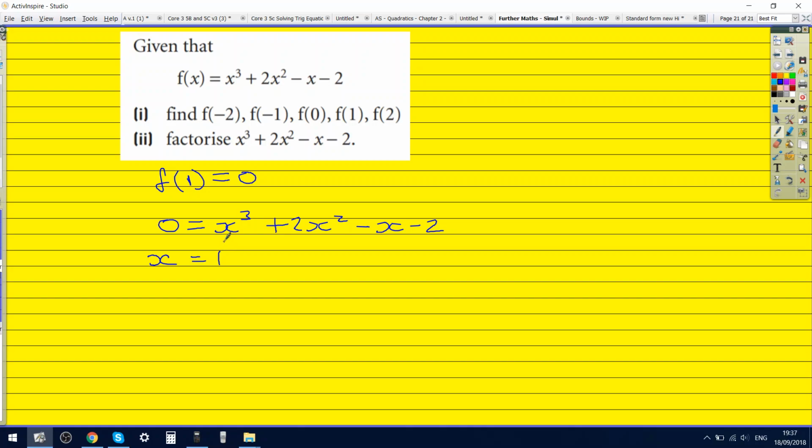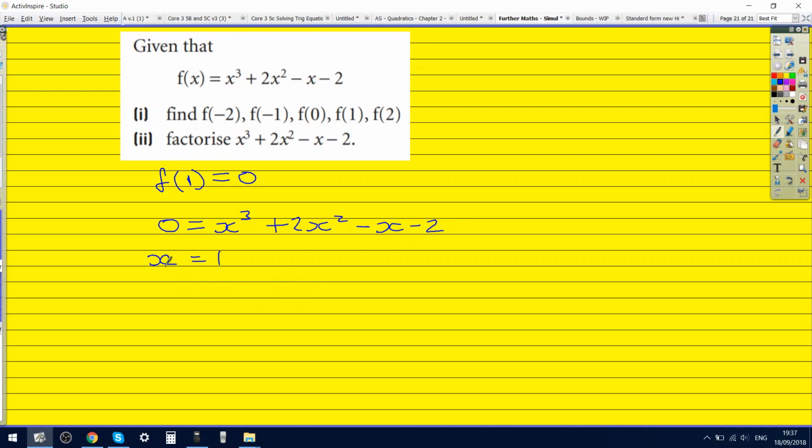Would you know how to use that to factorize this expression? You'd have 3 brackets. Any idea what one bracket is? If x is 1, would it be x minus 1 for one of the brackets? Correct.